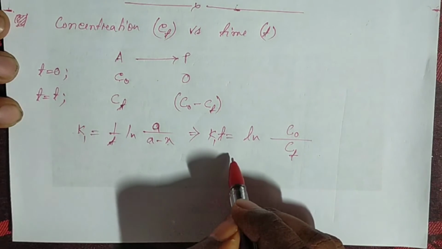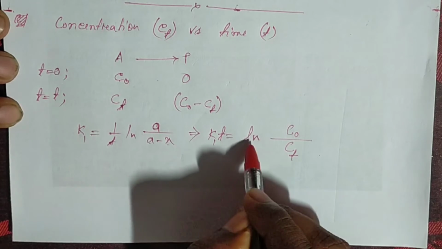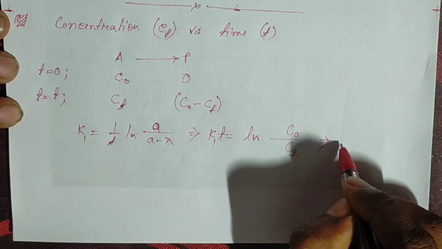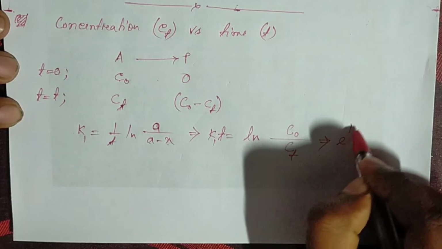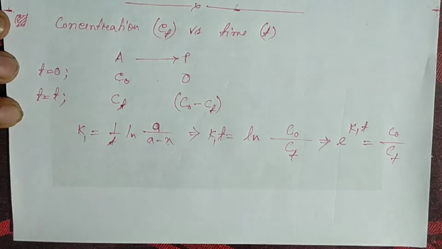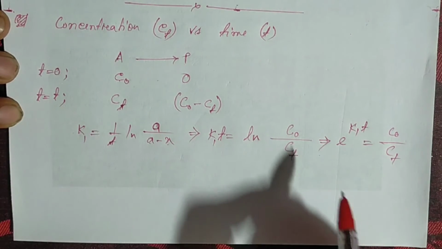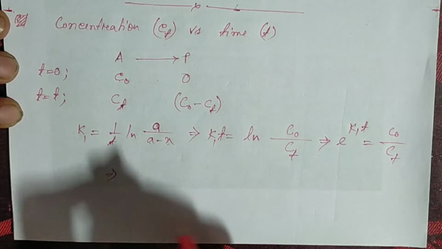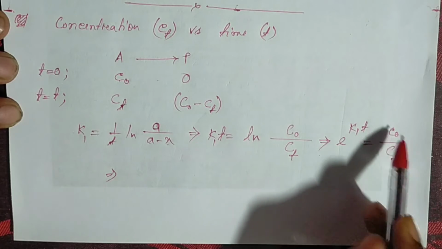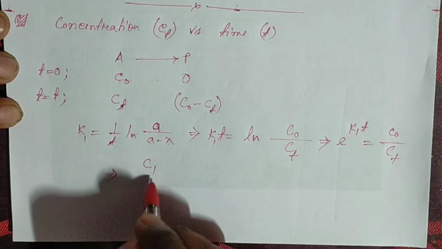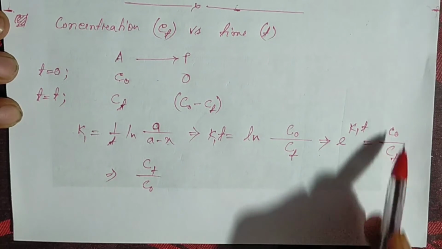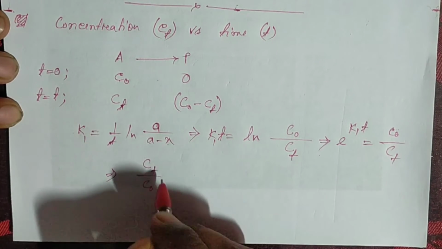Okay, so if you want to remove this ln, we have to write e to the power k1t is equal to c naught by Ct. Next we have to invert this part, that means Ct by c naught. Ct will come here and c naught will be here.